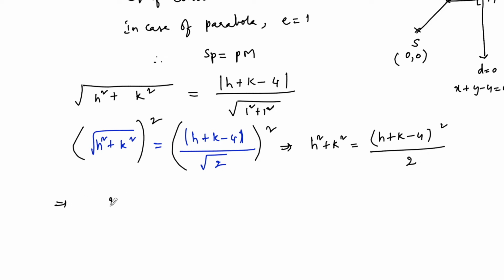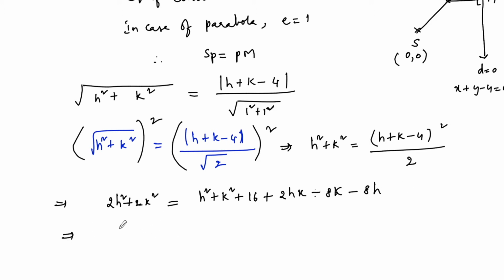So cross multiplication, 2h squared plus 2k squared is equal to, using the formula (a plus b plus c) whole squared, h squared plus k squared plus 4 squared, 16, plus 2 into h into k, 2hk, plus 2 into k into negative 4, that is minus 8k, and again 2 into negative 4 into h, so minus 8h.